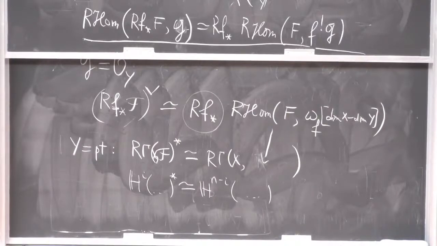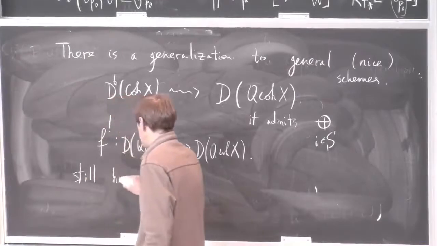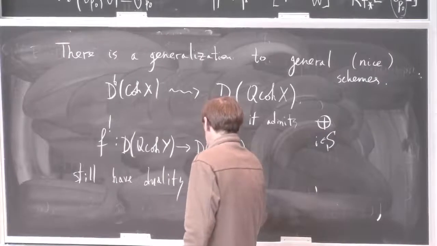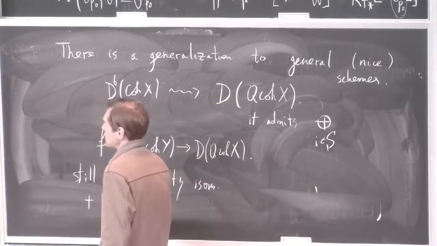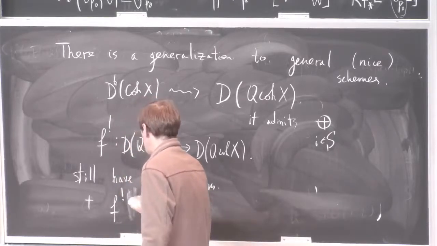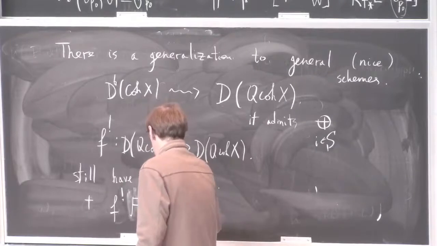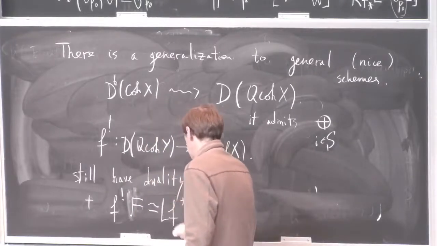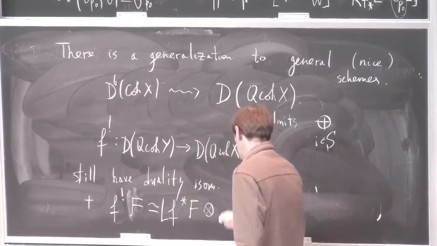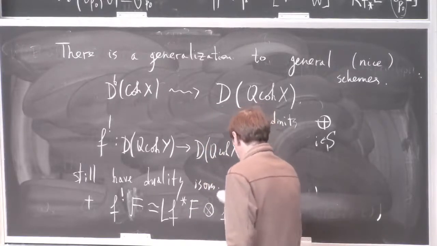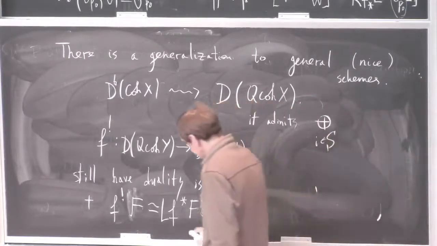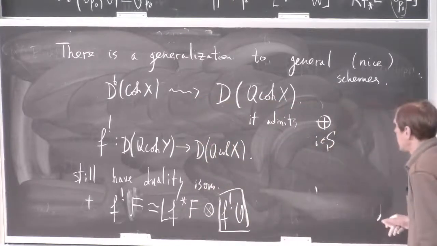So we still have duality isomorphisms, plus under very general assumptions, one has this isomorphism between f upper shriek of F and f upper star of F tensored with f upper shriek of O. So the major thing becomes understanding this f upper shriek of O. And yeah, well, this requires actually a little more.